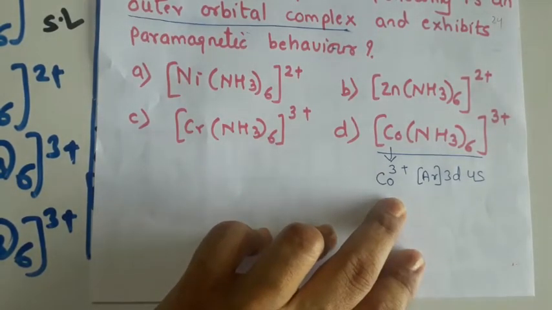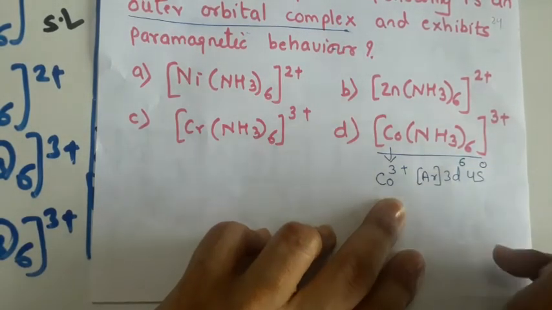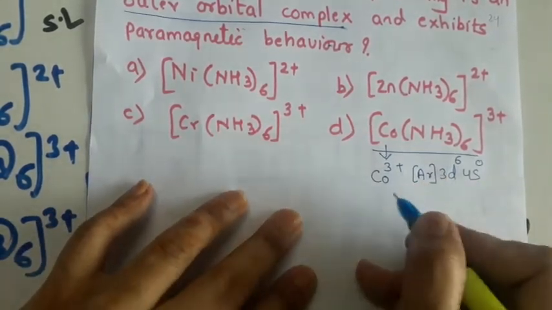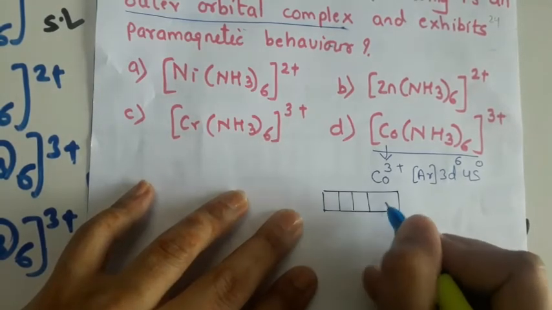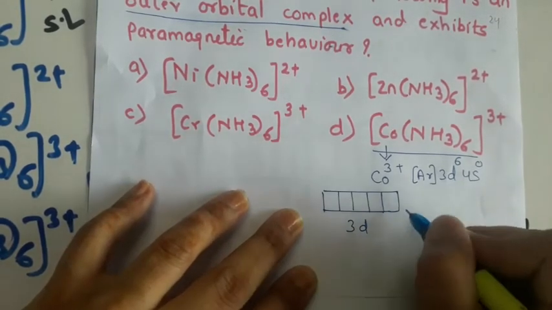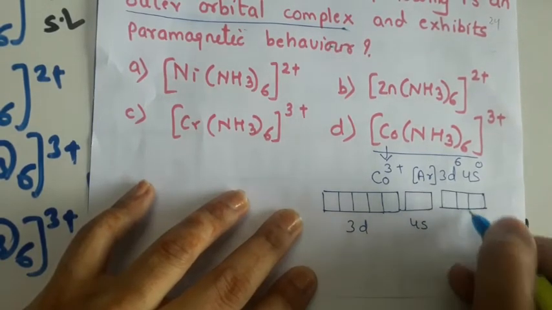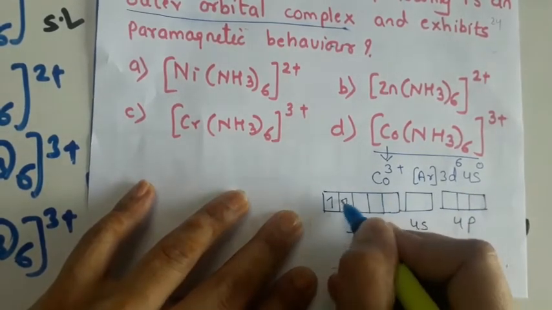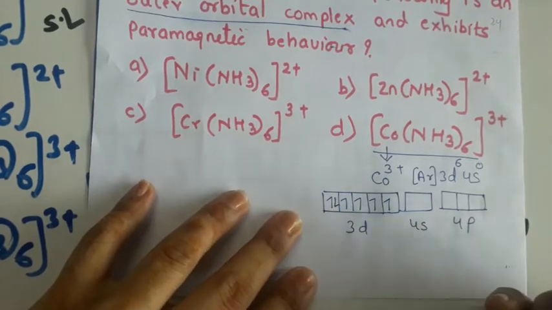Ideally cobalt is 3d7 4s2, so I write here 3d6. Just pay attention to what I am explaining now. So in 3d we are having 1 2 3 4 5. This is 3d, this is 4s, and here we have 4p. Fine, 3d6, 1 2 3 4 5 6.